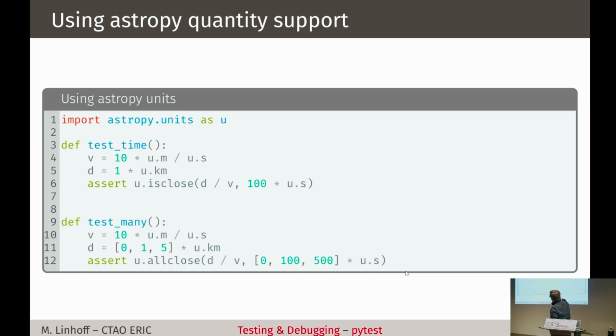If you do tests on these quantities, so you have a speed and a distance in meters per second and kilometers, and you expect if you go 1 kilometer with a speed of 10 meters per second that it takes you 100 seconds. And then you can test that this computation is close to 100 seconds.